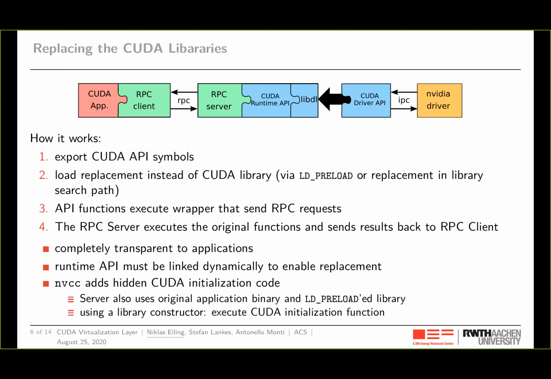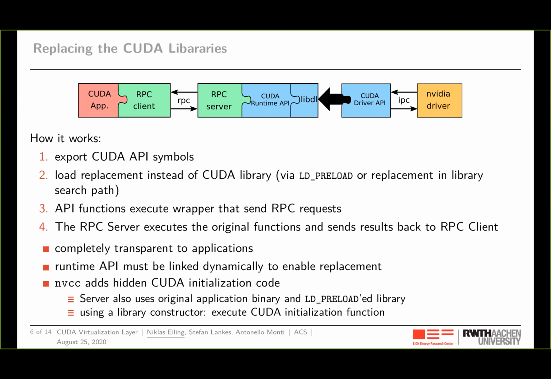The replacement of the CUDA runtime API with our virtualization layer works like shown here. First, we build a library that exports the same function symbols as the original CUDA API library. This library can then be loaded instead of the CUDA library, using either the LD_PRELOAD environment variable or by replacing the original CUDA library in the library search path of the operating system.